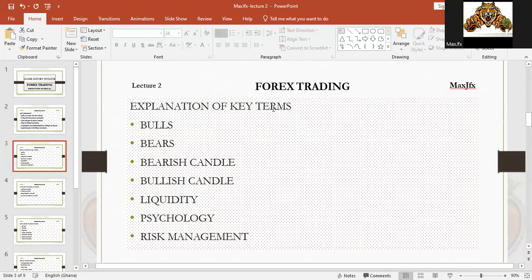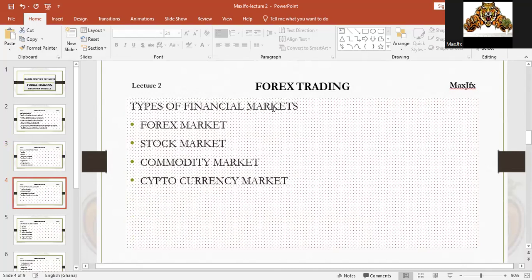All right, let's go to the third point, which is the types of financial markets. We have the main financial markets: the Forex market, the stock market, the commodity market, and the cryptocurrency market. The Forex market is what you are dealing with right now, which is the selling and buying of currencies.